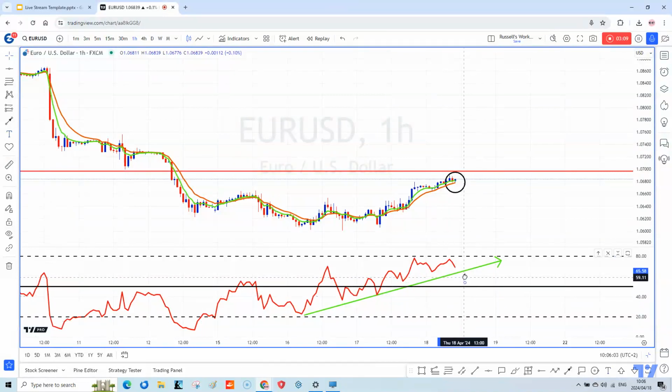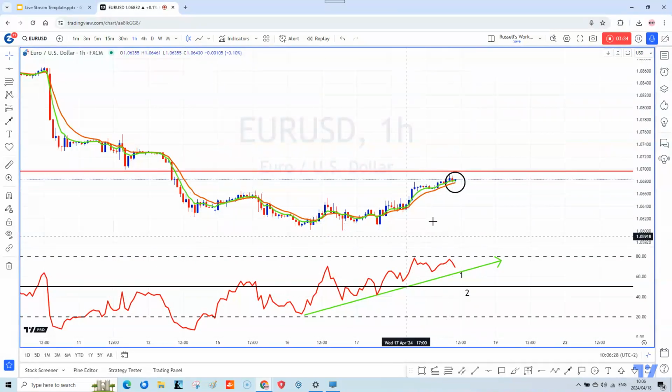Again, I must stress that's not a primary signal, it is a secondary signal. And then if we drop below the 50 here and hold below the 50, then we're on the bearish side of the RSI, and that's when we'll likely see the downside momentum pick up if we get there.